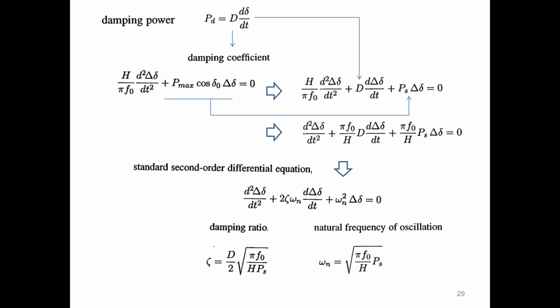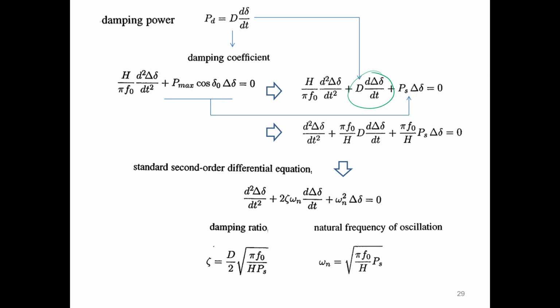We put the damping term in this case, D times d by dt of delta delta. Now this becomes the standard second order ODE with the damping ratio and the natural frequency.